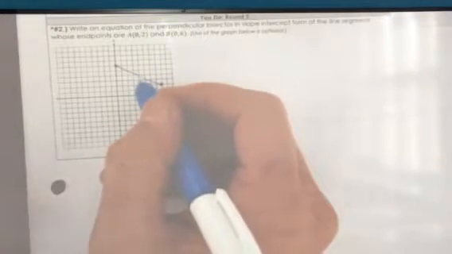Okay, so there's the line that we're going to do the perpendicular bisector for. So what slope do we have here? We have a move down 1, 2, 3, 4, and a move to the right 1, 2, 3, 4, 5, 6, 7, 8. Down 4, right 8.